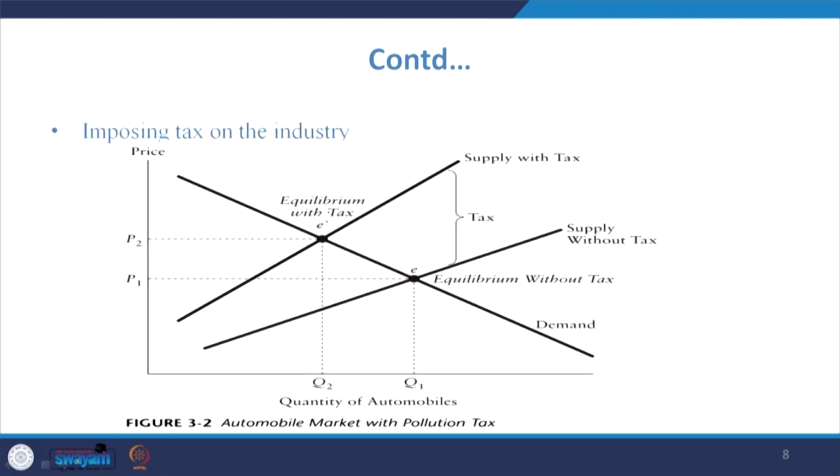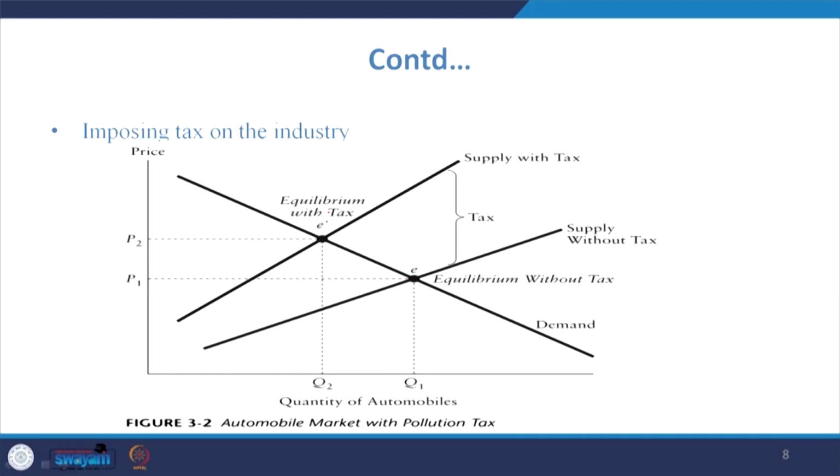Similarly, as I already explained, when you impose the tax, the tax will also shift the supply curve, and if tax is imposed, the company will set the price at a higher level.